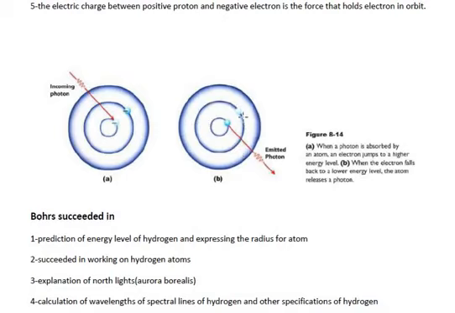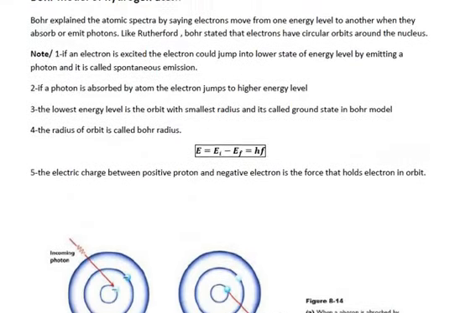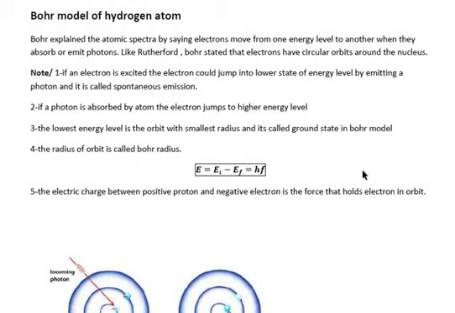So Bohr named the larger state the excited state, and the smallest state the Bohr radius and ground state. So for the smallest energy state, we have 2 names: ground state or Bohr radius. But the other state we call the excited state. Those were the names that Bohr used in his model.